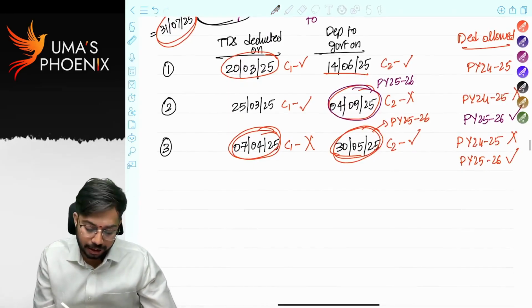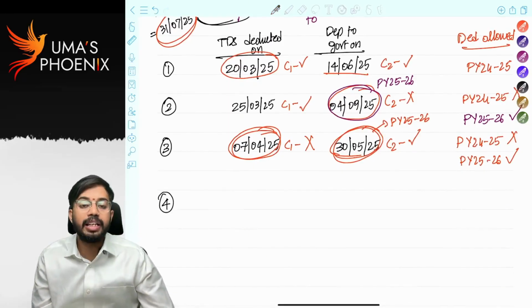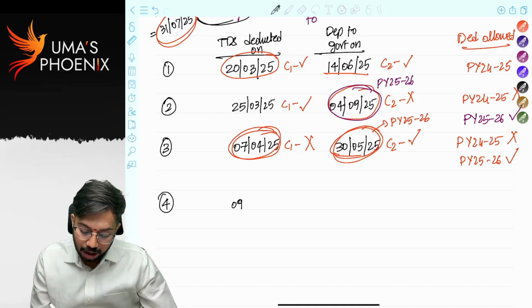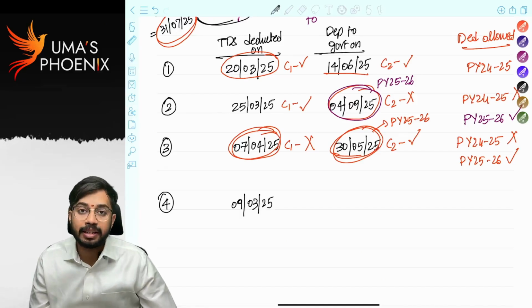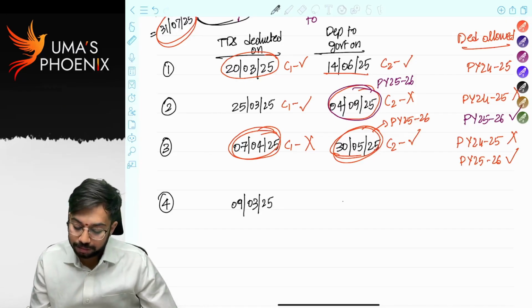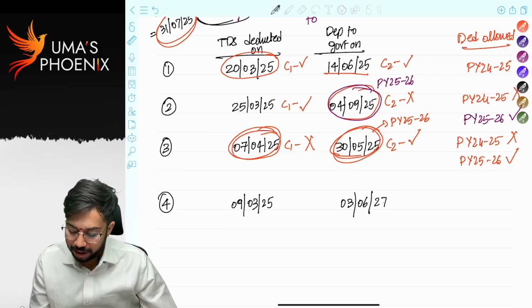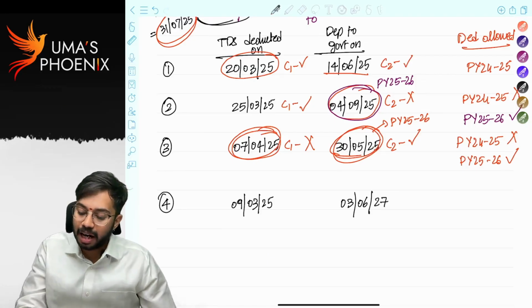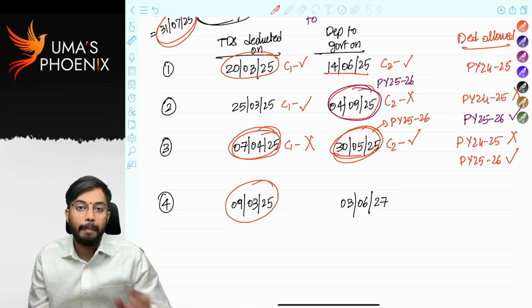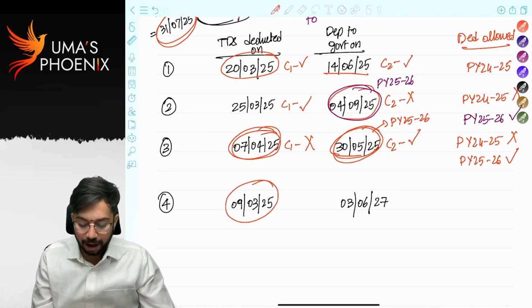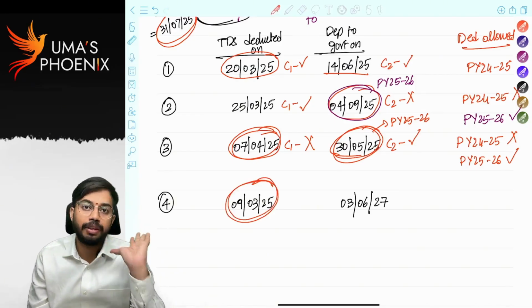Next, fourth example. TDS deducted on 9th March 2025, but deducted TDS is deposited to government on 3rd June 2027. Whether condition 1 is satisfied, payment is made in 24-25, TDS was also deducted in 24-25.